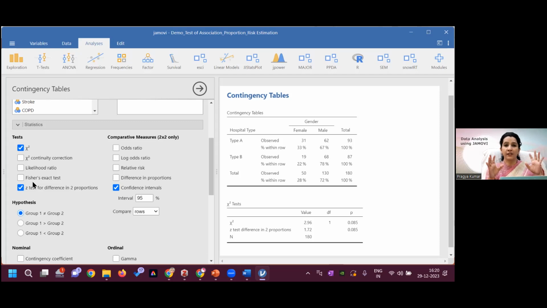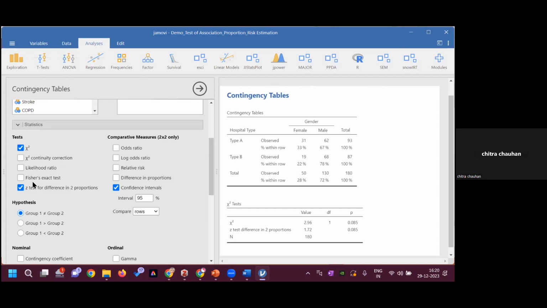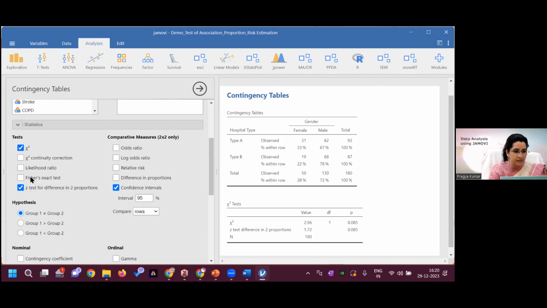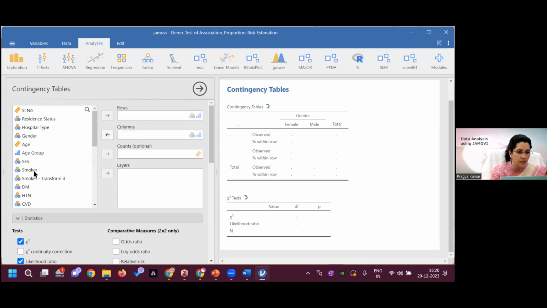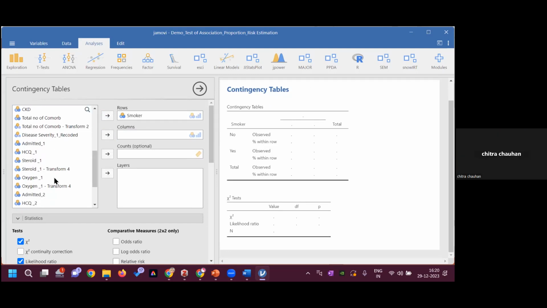The only thing I have understood is that for a too large sample, the chi-square gives you a very inflated value of significance. So for larger samples, you should use the likelihood ratio. If you click this, for this now, let me go with another previous example, the association one: smoker and oxygen requirement.